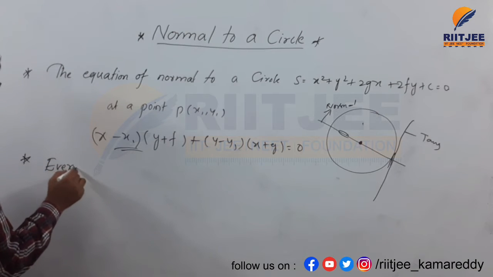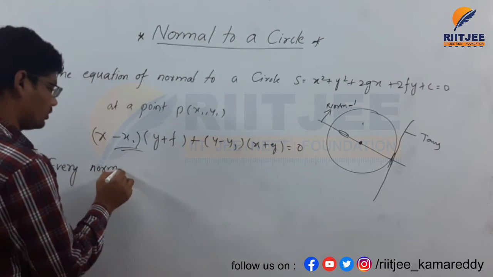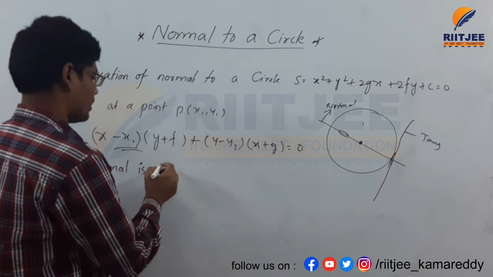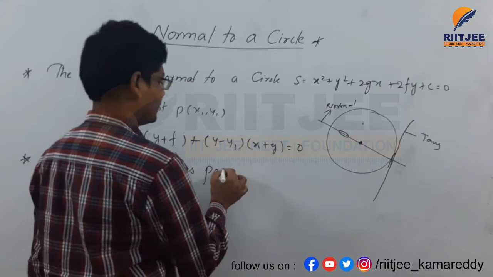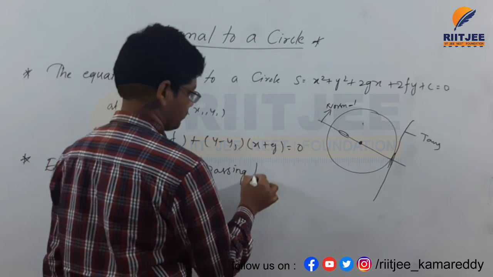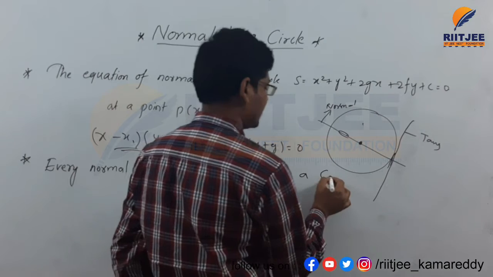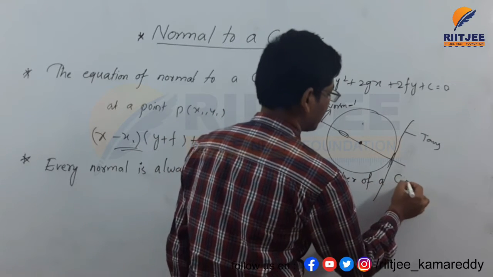And the second point is every normal is always passing through the center of a circle.